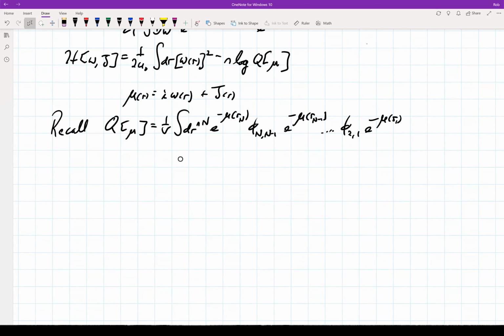And of course, the bond transition probability thing is just our Gaussian.